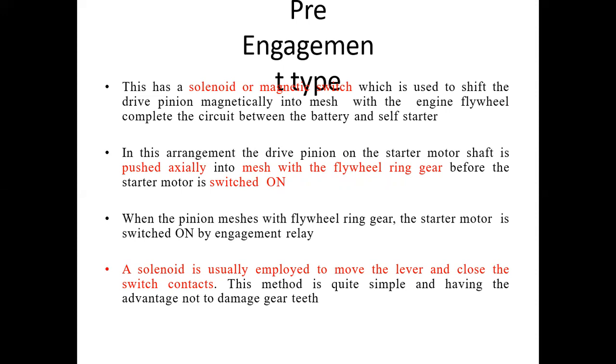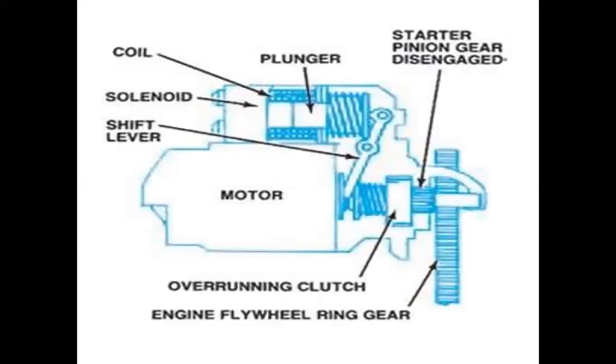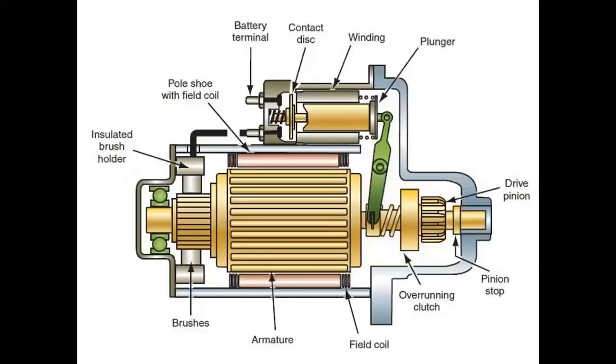This method is quite simple and has the advantage of not damaging gear teeth. The advantages are that a smaller pinion can be utilized for high reduction, the pinion drive is not highly stressed, and cranking life is prolonged. The application is cars and medium-sized vehicles. This is the diagram for the pre-engaged motor, and this is a model for the pre-engaged starter motor.